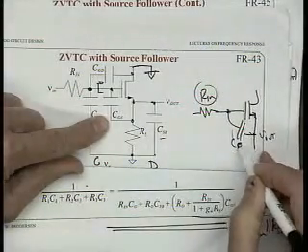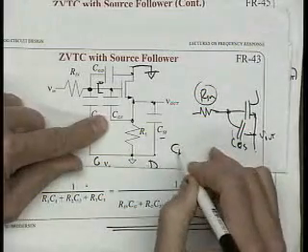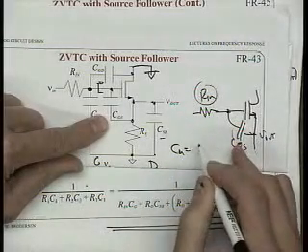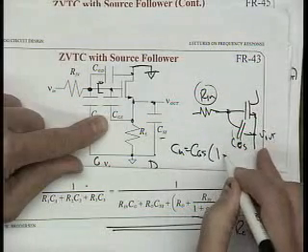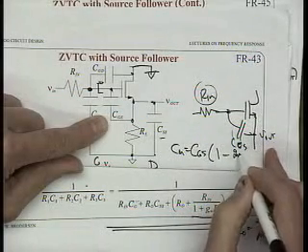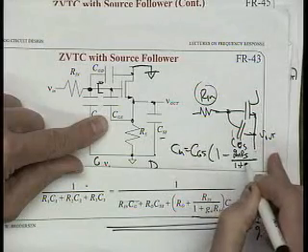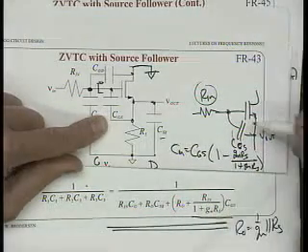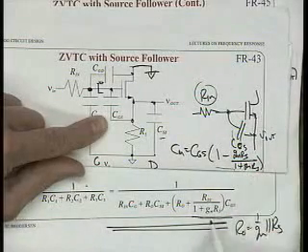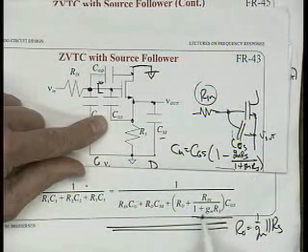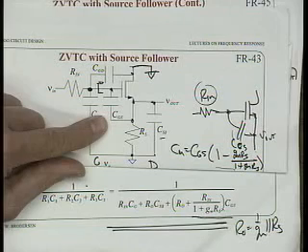The C Miller here is equal to CGS times 1 minus GMRS over 1 plus GMRS. That's the gain of a source follower. And this thing right here ends up to be just simply 1 over Rn over 1 plus GMRS. So this is just the old Miller multiplication thing. It falls out. So it's all the possible poles just all added together.